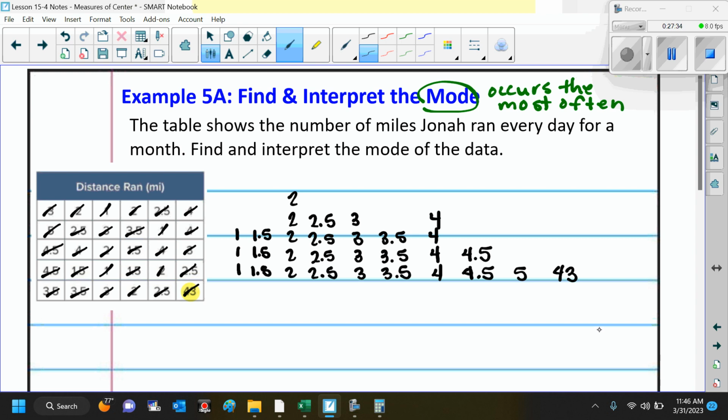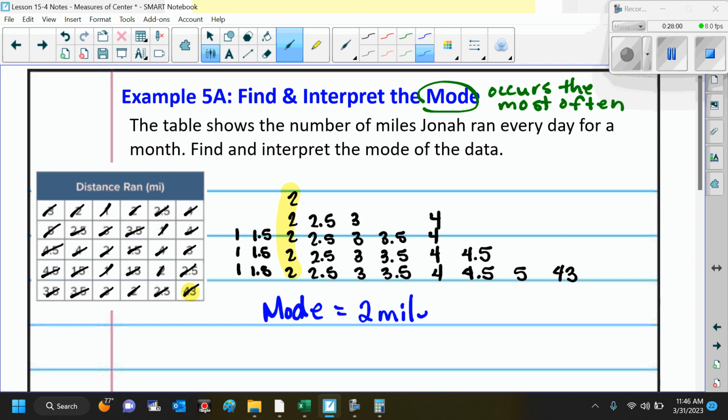This is not a big deal because that 4.3 doesn't affect the mode. What's the number that occurs the most often in this list of data? 2. So the mode is 2 miles.